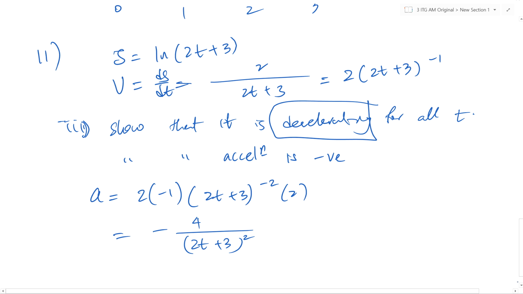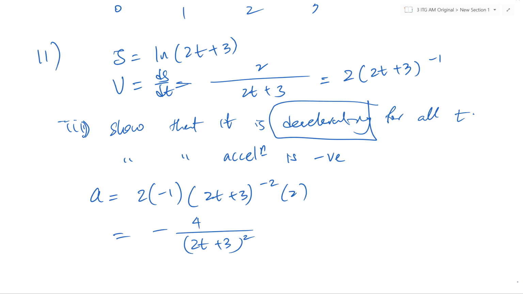And if you had interpreted it correctly, your job is to show that this is negative for all values of t. Have you actually shown that already? Is this going to be negative regardless of t? Why? Okay. Numerator over here is just a constant 4. It is positive. The denominator is a perfect square, means it is greater than or equal to 0.